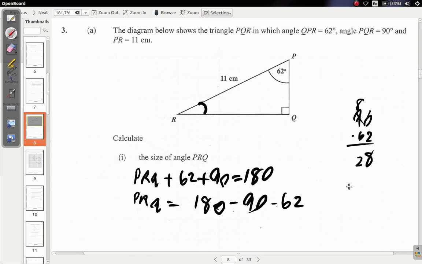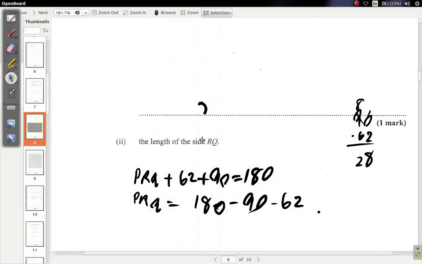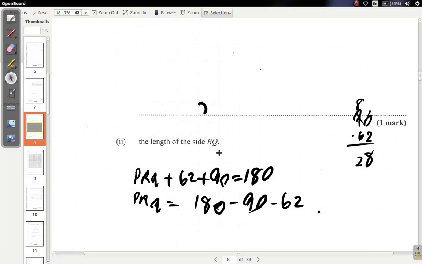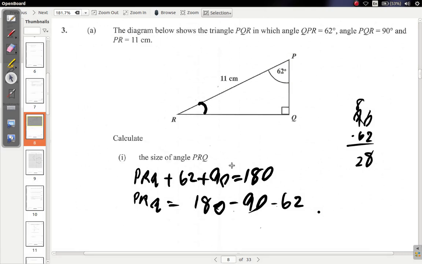Now, the next thing I want you to do is find the length of the side RQ. They want RQ.